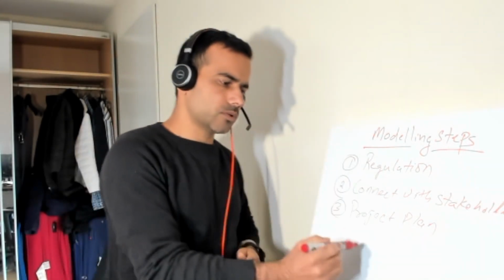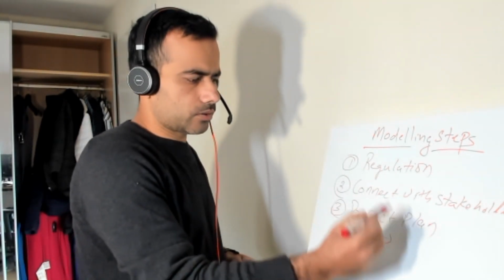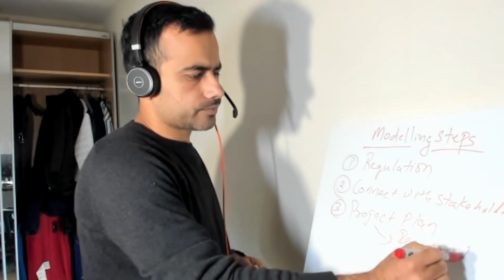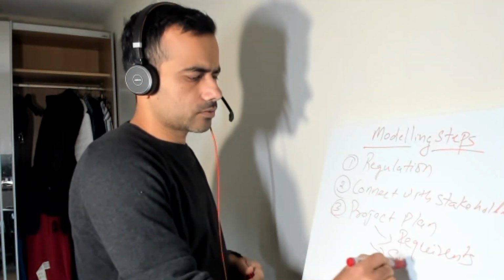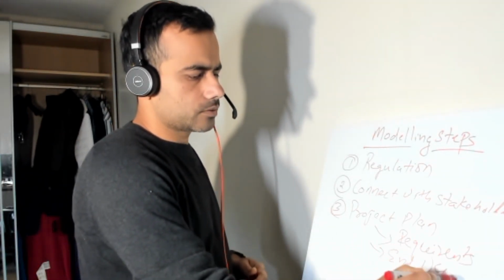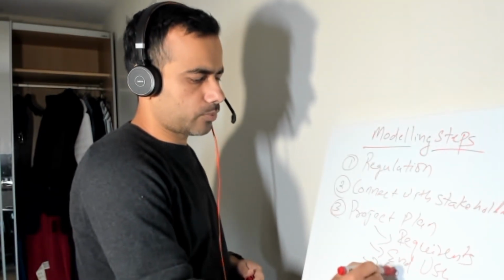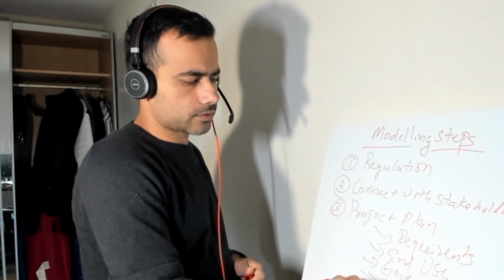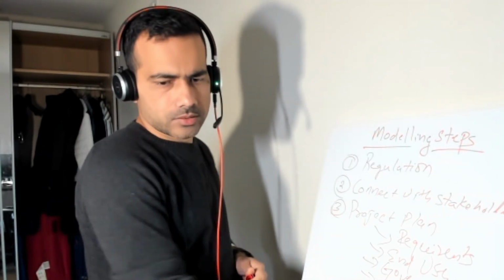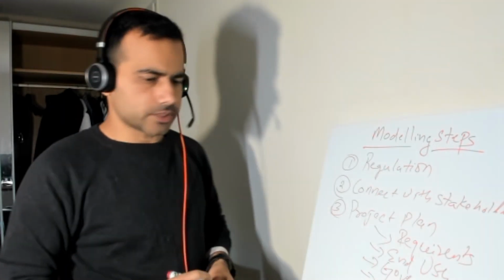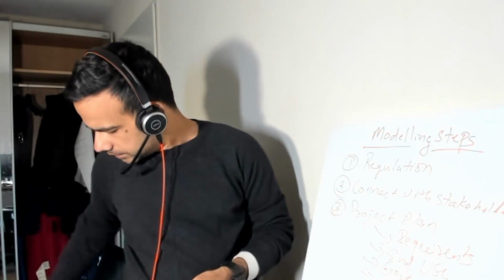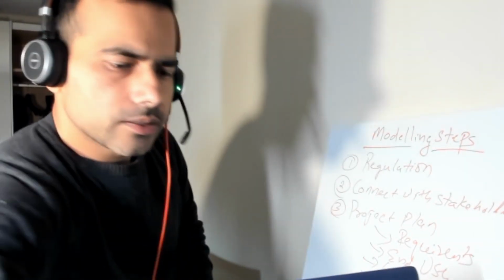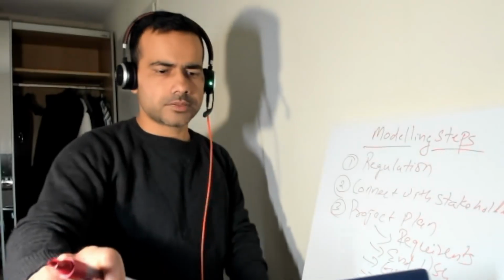The project plan will have everything about the requirements, the end users, the governance, very important, acceptance criteria. That means when will the project be accepted, right? So these are some of the things that you will care about while creating the project plan.